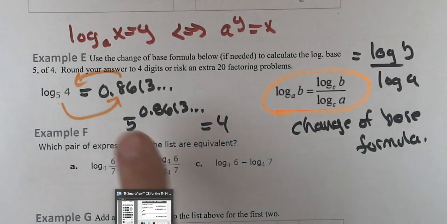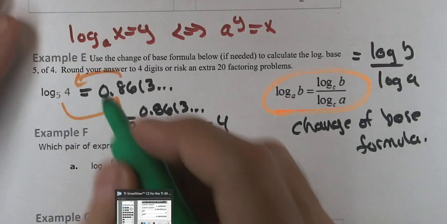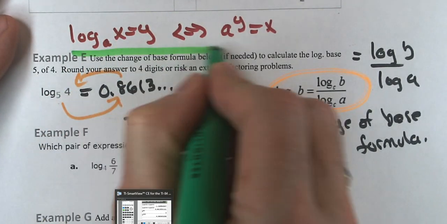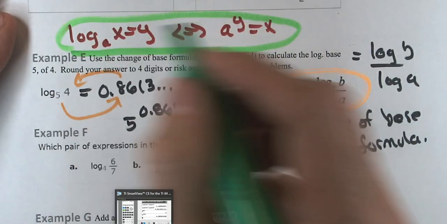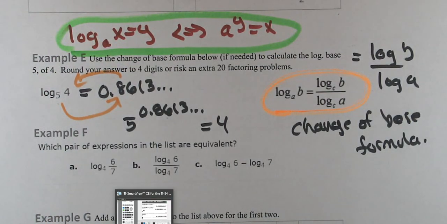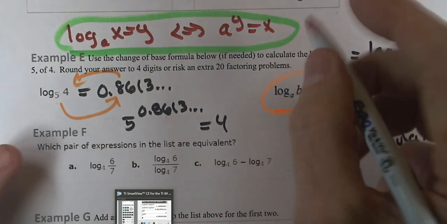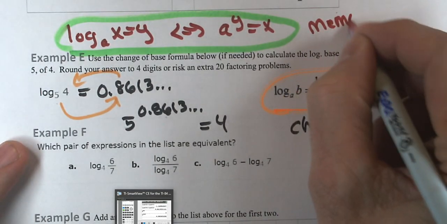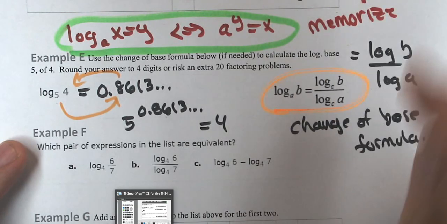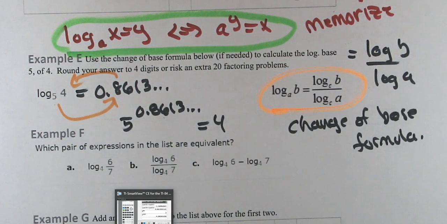This much you should have memorized. Definitely. On the top of your test, write that down before you forget it, before you panic and go, oh my gosh, I only got 10 minutes left. Memorize. That one I'll be giving you, so if you need it, you can use it. I hope you don't need it.